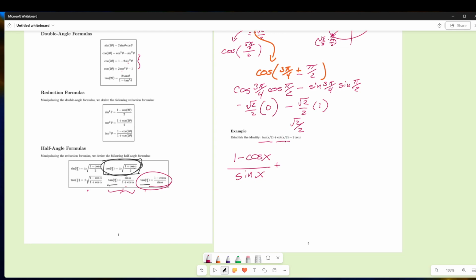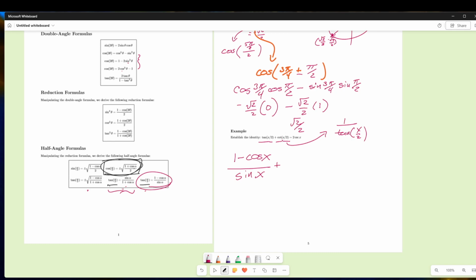Well, that means it's just going to be the reciprocal of these tangent half angle formulas. So if you want, that's 1 over the tangent of x over 2. So it's just going to be the reciprocal of these tangent arguments.